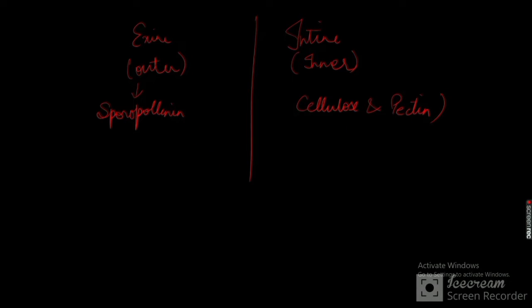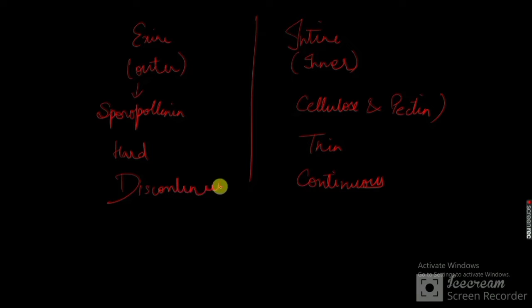Exine is a hard layer and discontinuous, whereas intine is a thin, continuous layer. And sporopollenin is absent in germ pores.